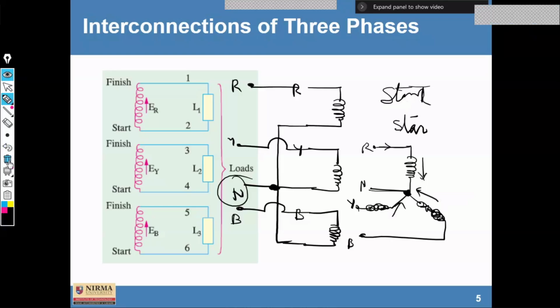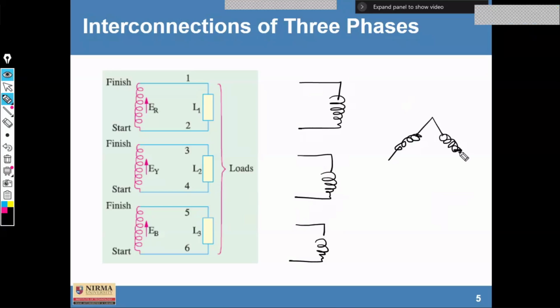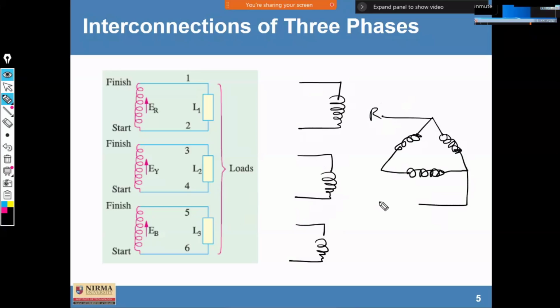Similarly, we can also connect in delta. And we can rearrange these three different phases in a delta fashion. Clear? Suppose this is R phase, this is Y phase, and this is B phase.